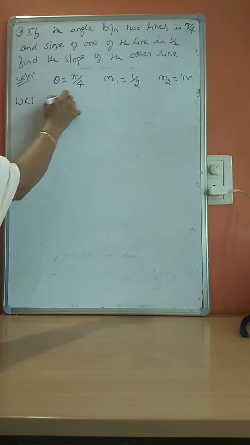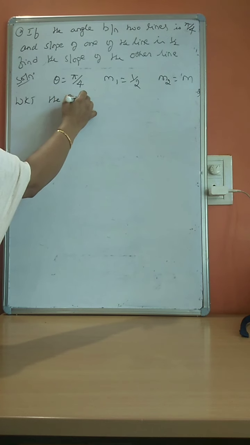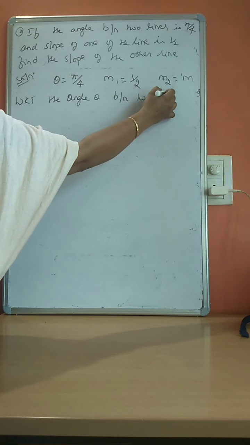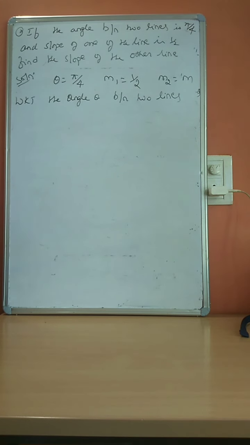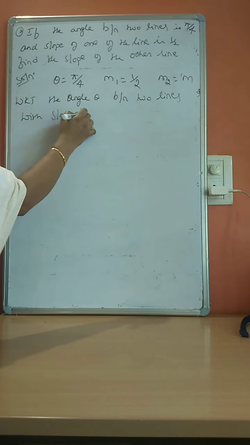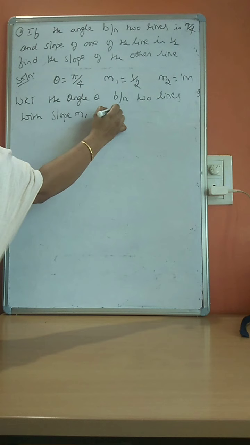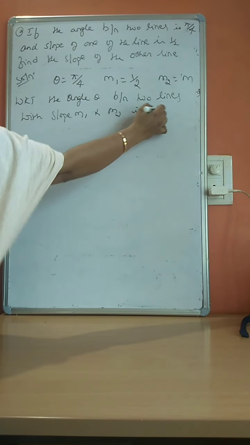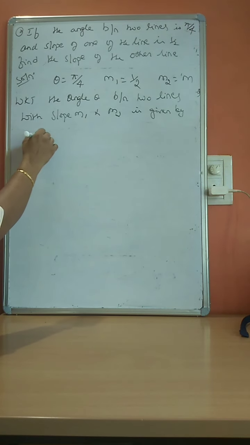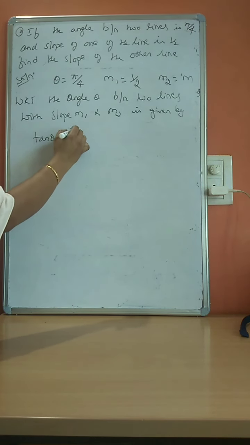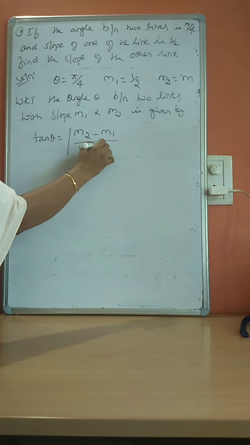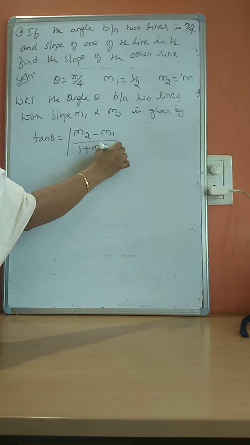We know that the angle theta between two lines with slopes m1 and m2 is given by tan theta equal to modulus of m2 minus m1 divided by 1 plus m2 into m1.